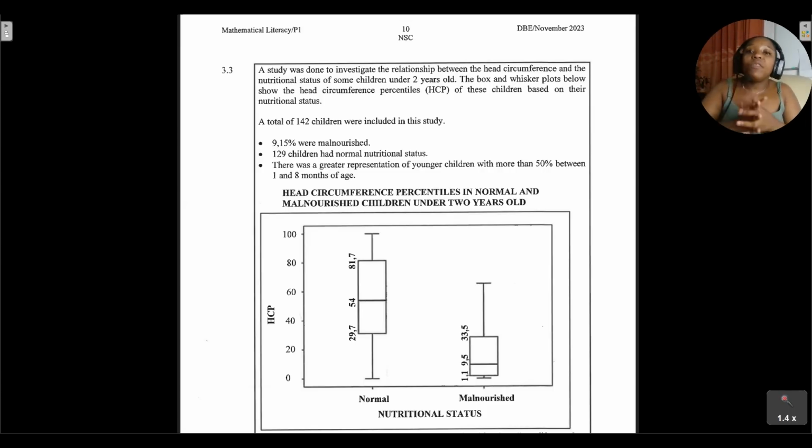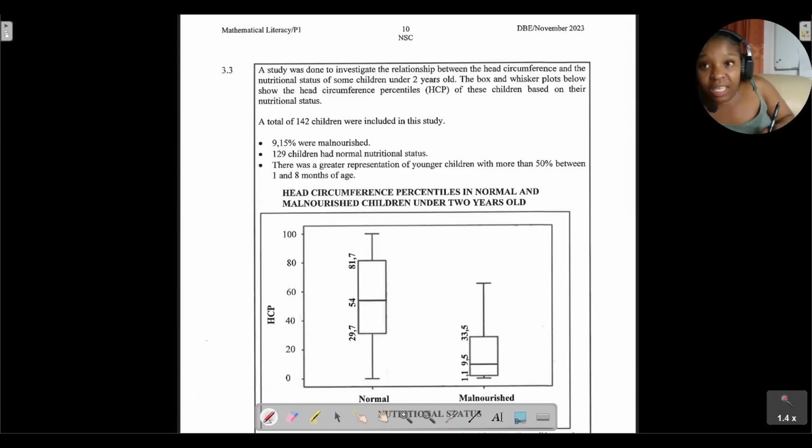9.15% of those children were malnourished. So 9.15% of the 142 children were malnourished, and 129 children had normal nutritional status. Just to quickly analyze what's given to us here, to get the amount of children that were malnourished, what are we supposed to do?